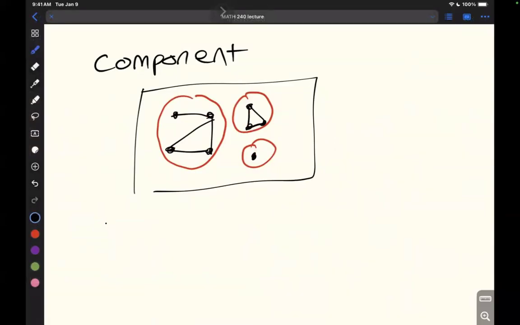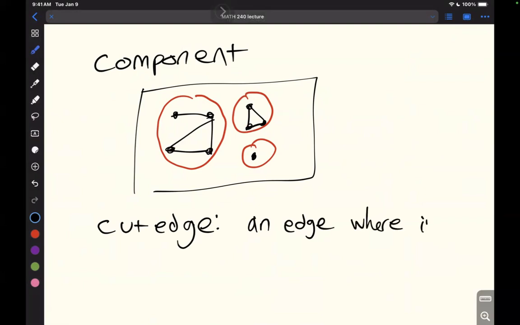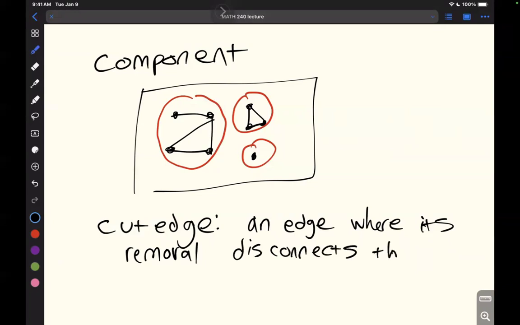All right, a cut edge is, as its name implies, an edge where if we cut it, the graph becomes disconnected. Its removal disconnects the graph.